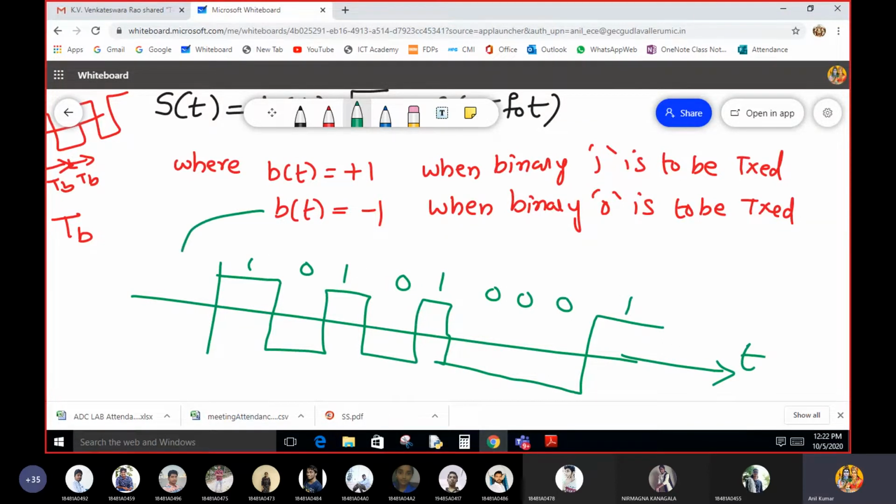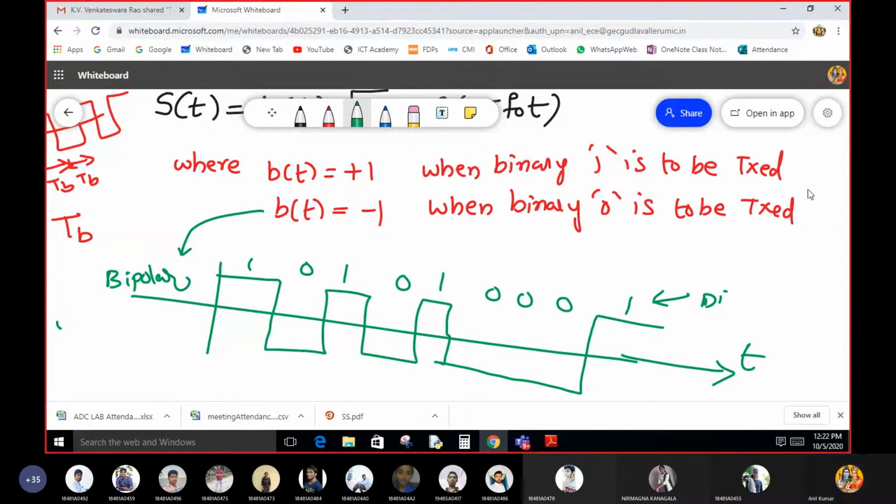This is nothing but your b of t. I convert the original signal into this bipolar signal, which will be in the form of b of t. Okay, let me explain, wait a minute. So this is the b of t. Is it okay?